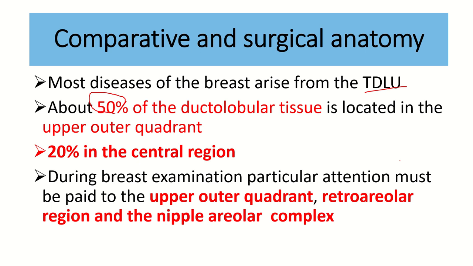So 50% and 20% means a total of 70% of the breast area, and this 70% of the examination is completed when we examine the upper outer quadrant and nipple areolar complex. So first of all, we have to give attention to the upper outer quadrant and the nipple areolar complex for any disease of the breast.